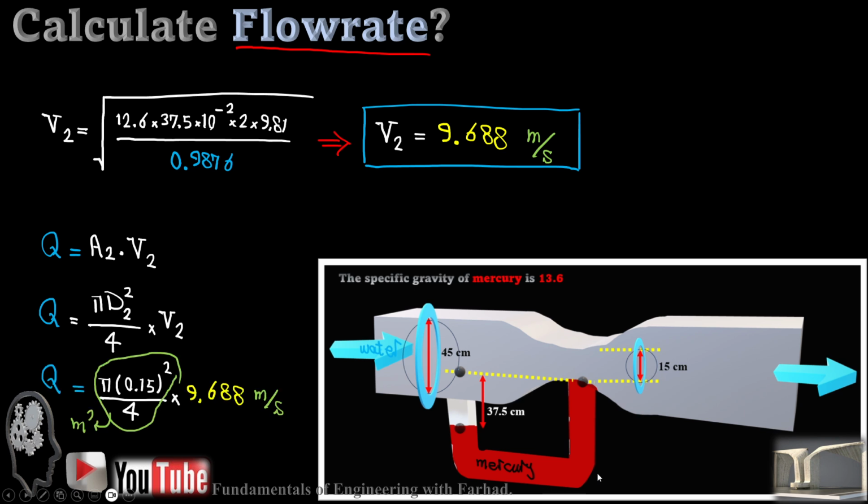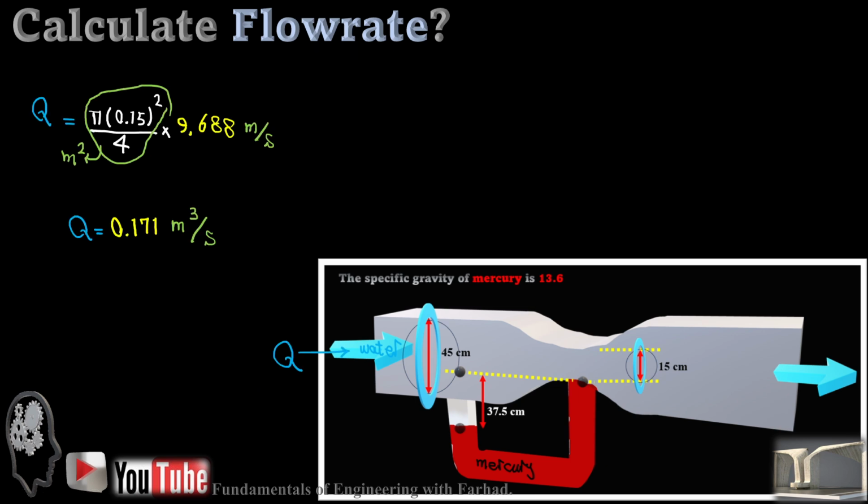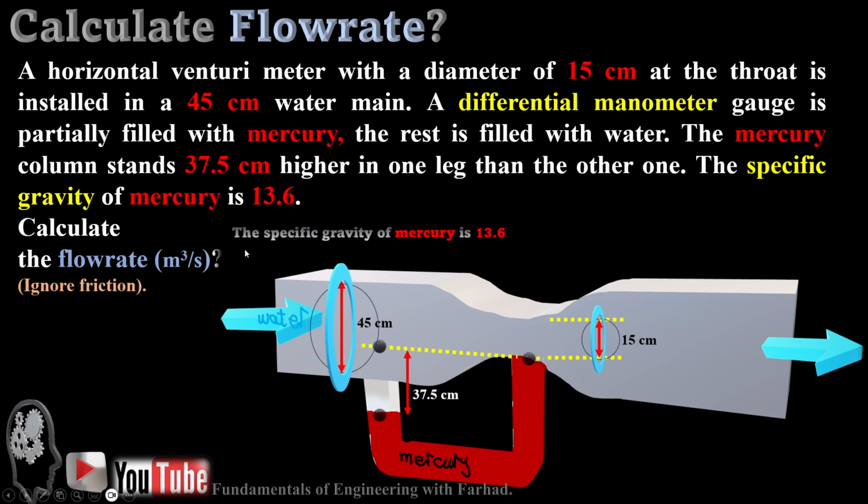If you do the math, it gives a discharge in cubic meters per second, because area is in meters squared and velocity in meters per second. The numeric value of discharge is 0.17 cubic meters per second.